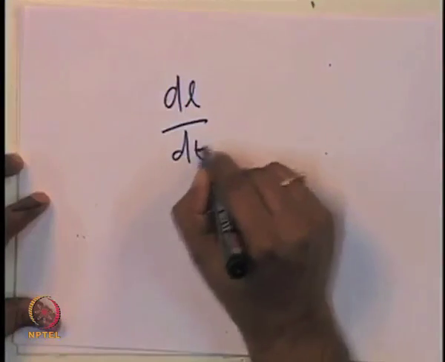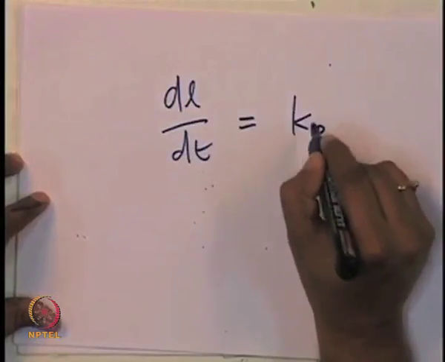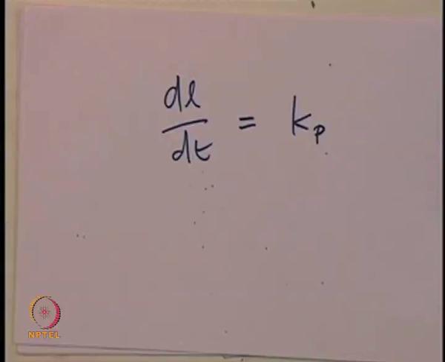The differential equation that we have in hand is, as we said, dl by dt is equal to Kp. When we see such an equation, what immediately comes to your mind? Something we studied in calculus, in the previous lectures.